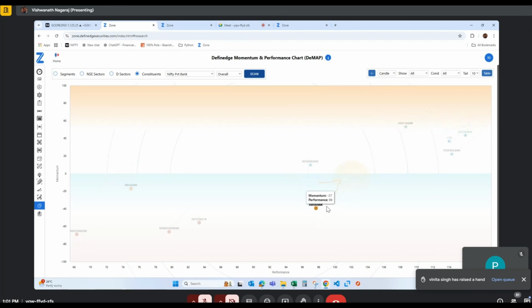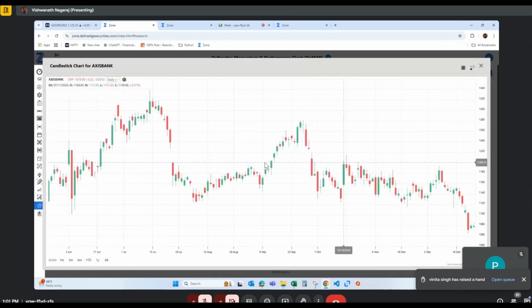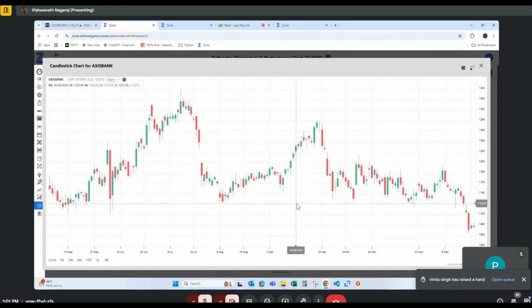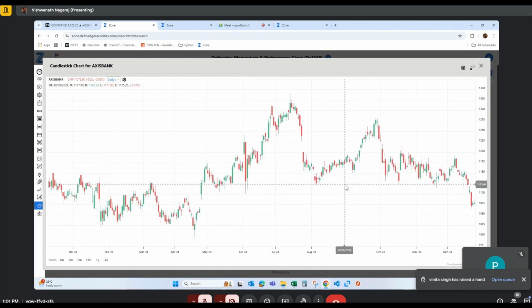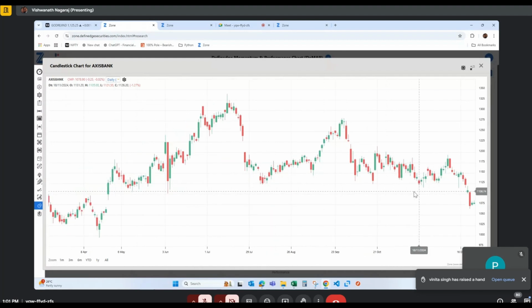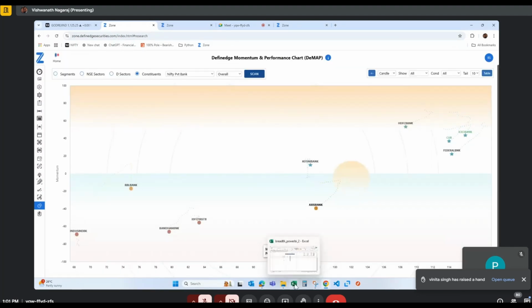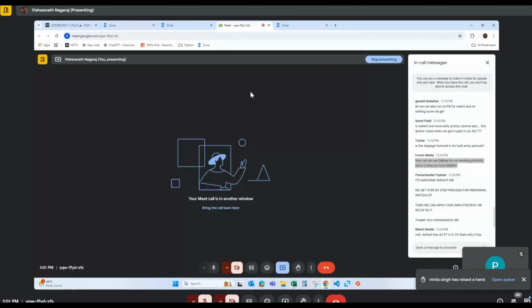But Axis Bank is coming into the watch area. This is something that I'll have to go back and check, which has now broken all support. If you see on a day chart here, it has broken all support and it has gone down, a big anchor column, and it is not gaining any momentum to come back. Whatever filters you have to exit, you can use that as an exit.